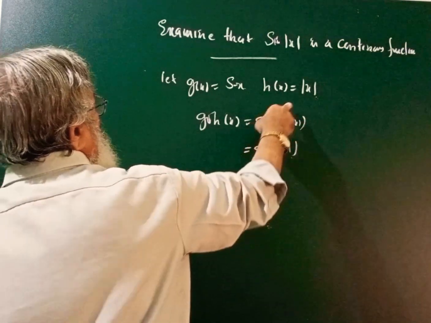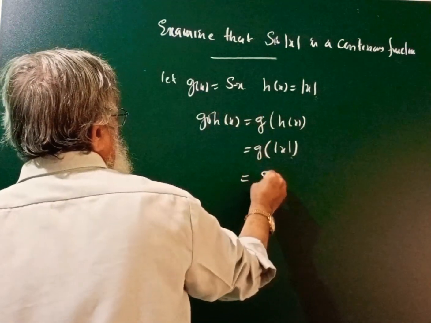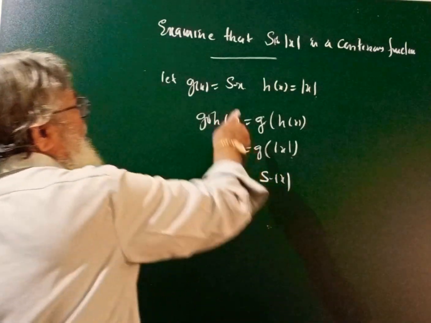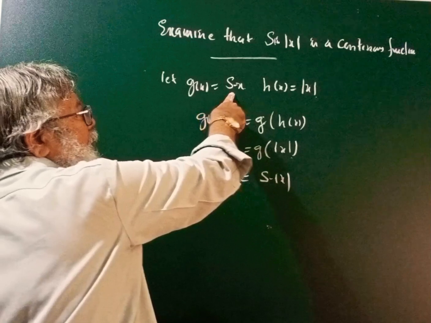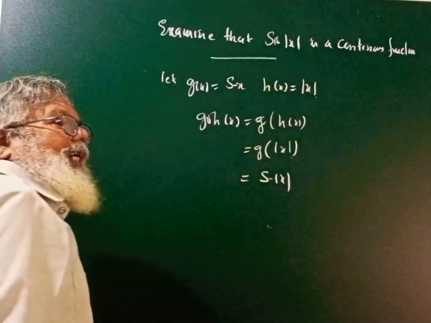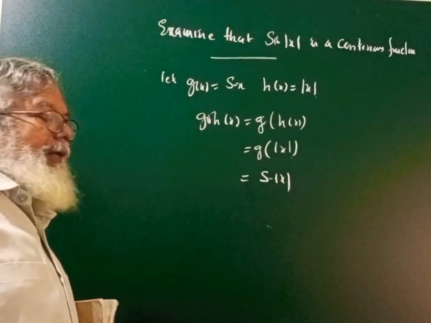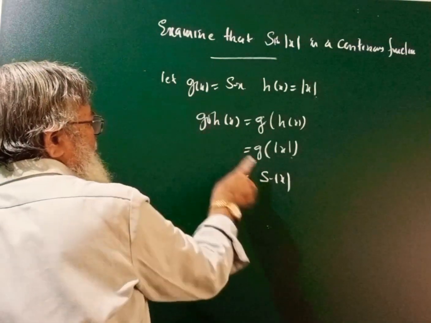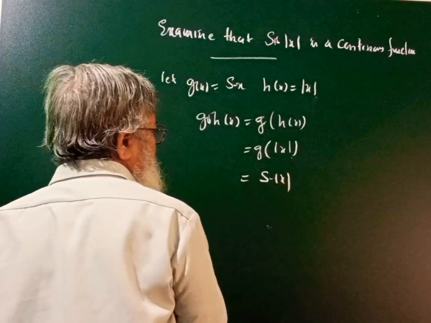If you apply g on that, we have to take sine of mod x. Our argument is that sin x is a continuous function, and already we have proved mod x is also continuous everywhere. So therefore, by the theorem, g composition h, sine of mod x, must also be continuous.